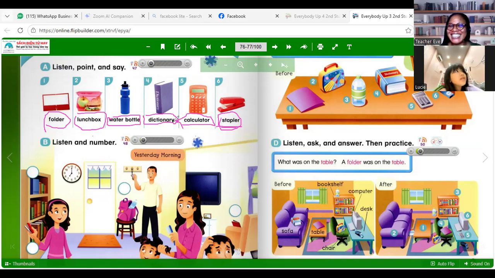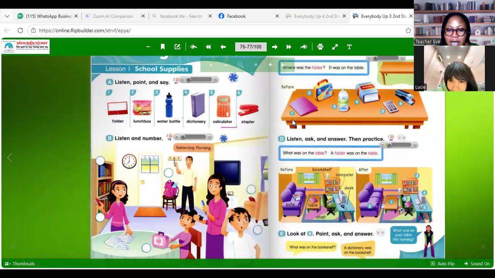That's good. Nice one. Okay. Number 5. Calculator. Good. Number 6. Stapler. Again. Stapler. Okay. All right. Nice one.